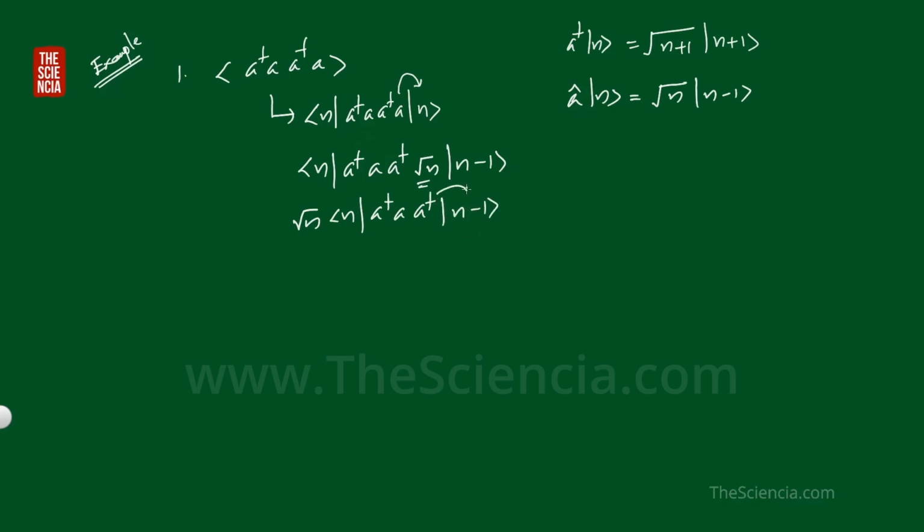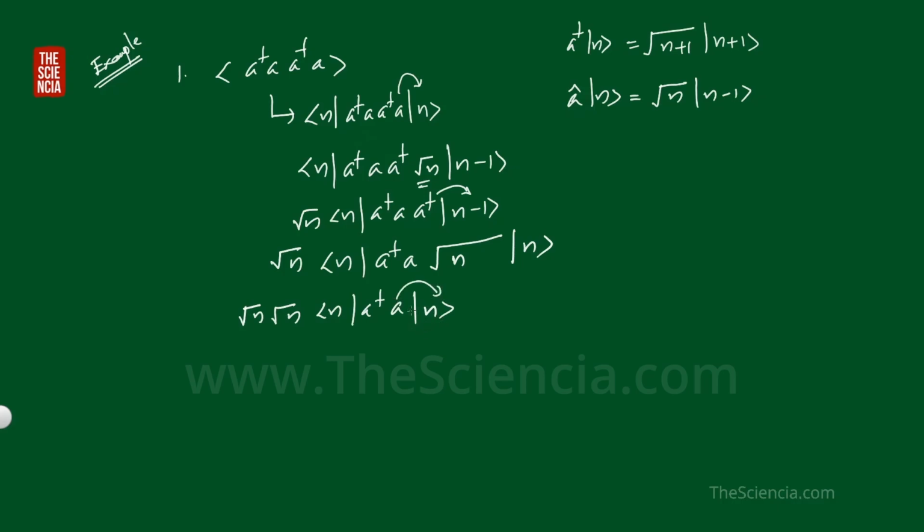Now this creation operator will operate on this one, so we will get root n bra n a dagger a, and here it is n minus 1, so root of n minus 1 plus 1, that is n, right, ket n. So again we can take it outside, that is we got root n into root n bra n a dagger a ket n.